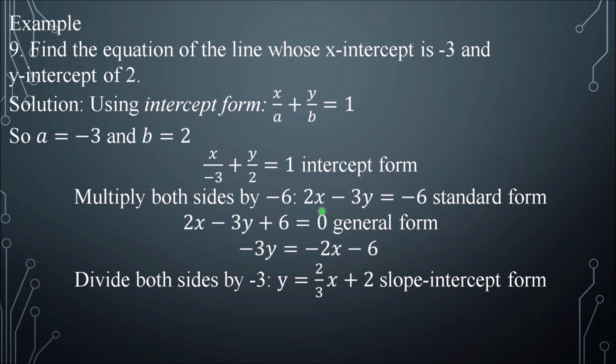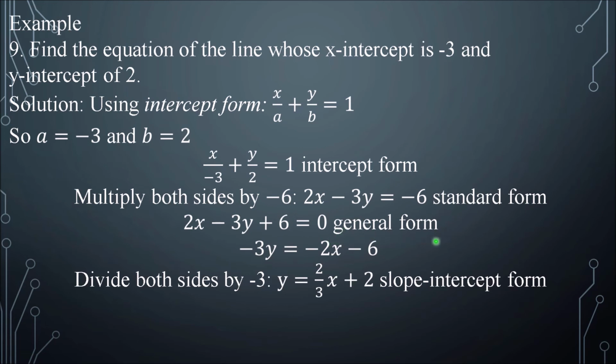And then negative 6 times y over 2 is negative 3y. And then negative 6 times 1 is negative 6. So this is now our standard form. Now, in changing this to general form, we transfer negative 6 to the other side. So it will become 2x minus 3y plus 6 equals 0, the general form.